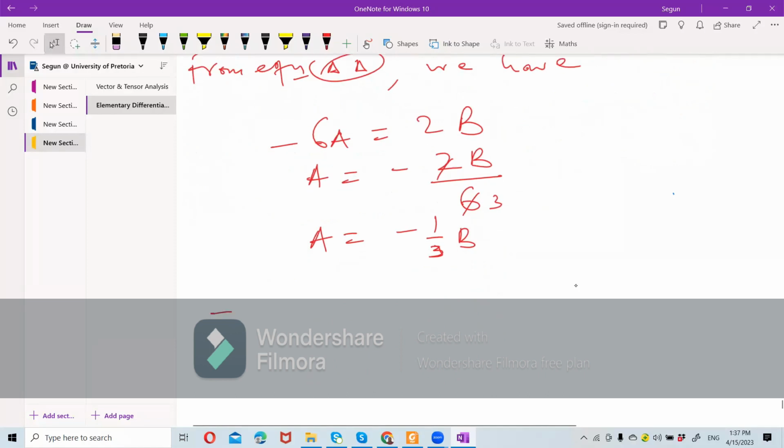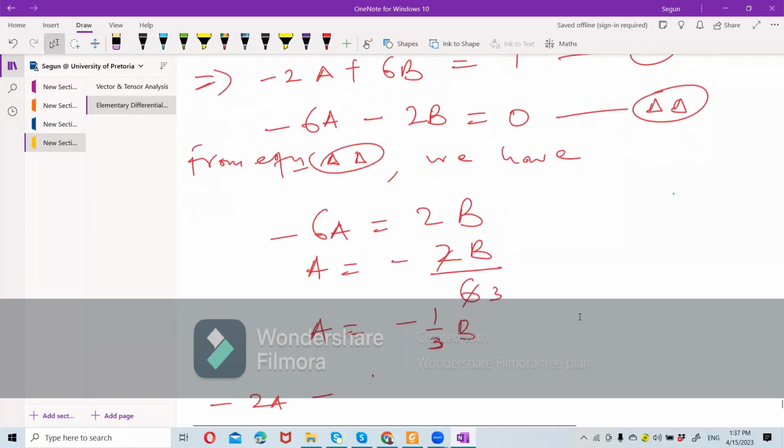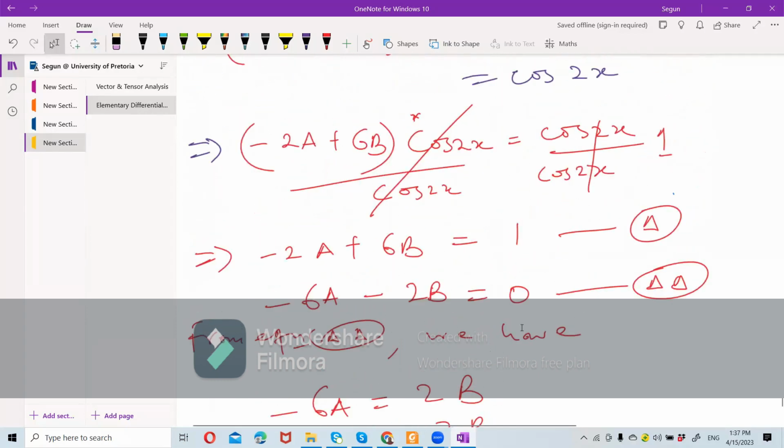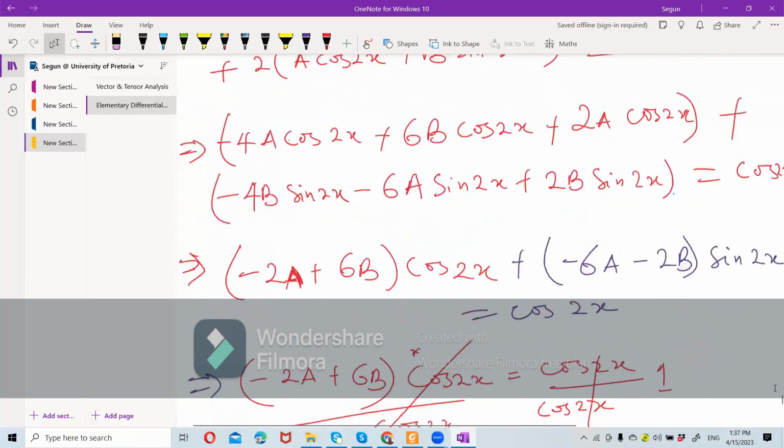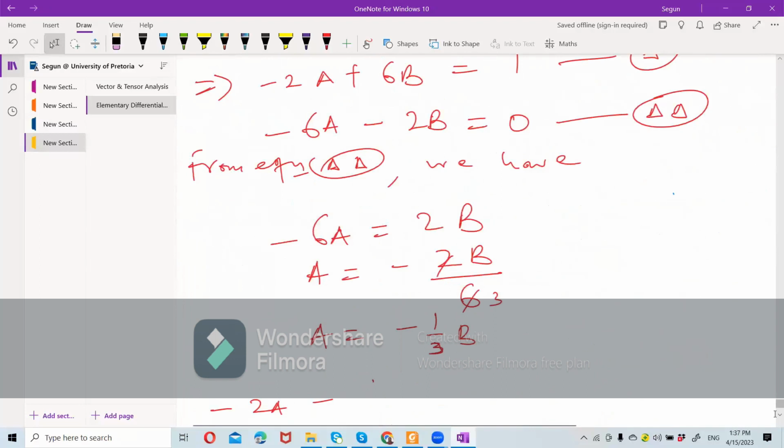Equation triangle would be minus 2a, is it minus or plus? Minus. Okay, plus 6b equals 1.